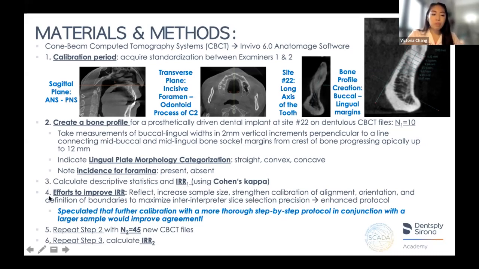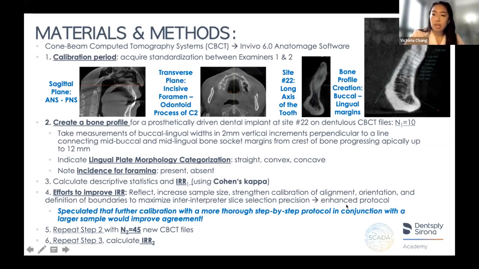And then we worked together to improve the inter-rater reliability. We were just brainstorming, talking about how the process went. We decided to increase the sample size from the original 10 files up to 45 for our second sample. We tried our best to strengthen the calibration through alignment, orientation, and definition of the boundaries in order to maximize the slice selection between the 2 of us.